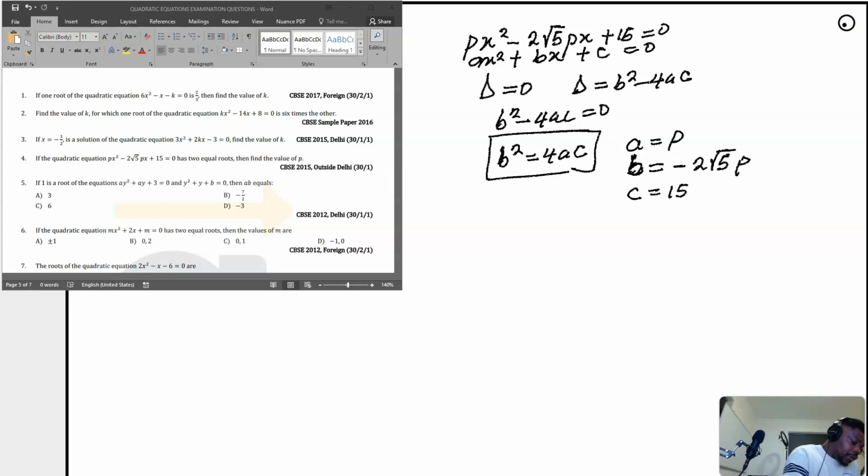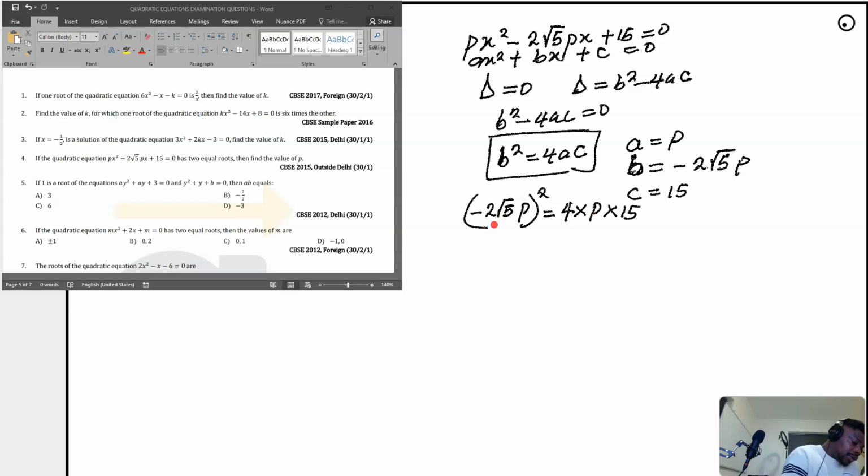So let's put all these values into the formula. B squared, what is b? Minus 2 root 5 p, squared. Then 4 times what is a? p, and c is 15.